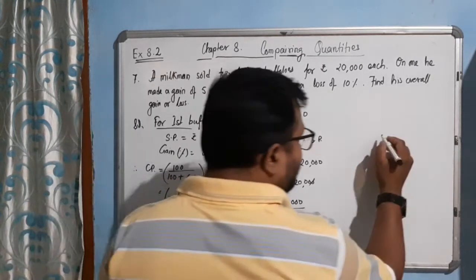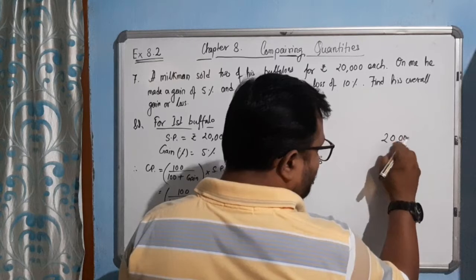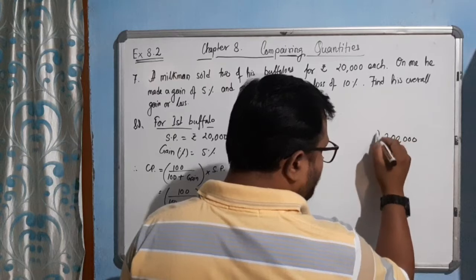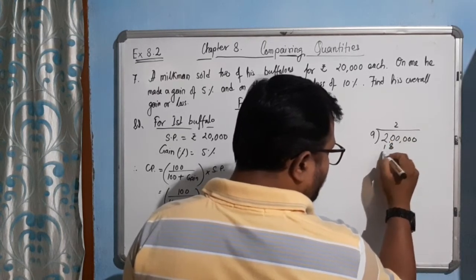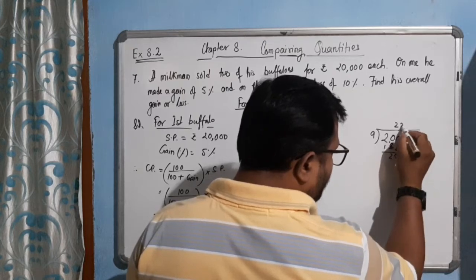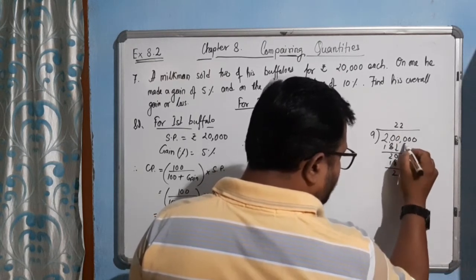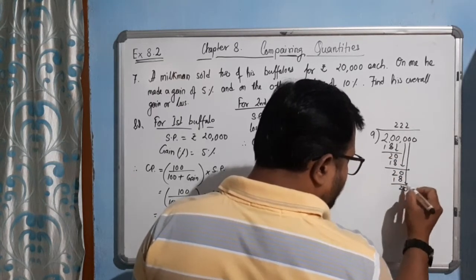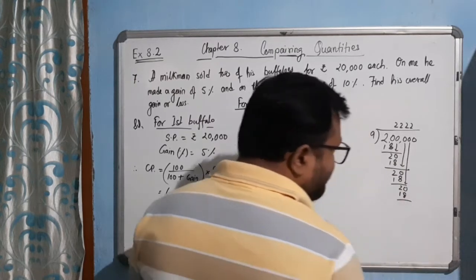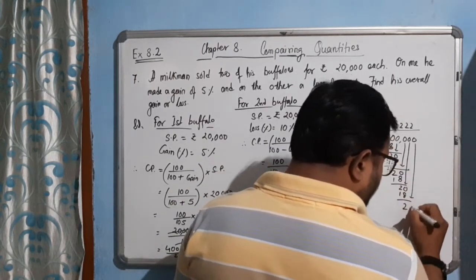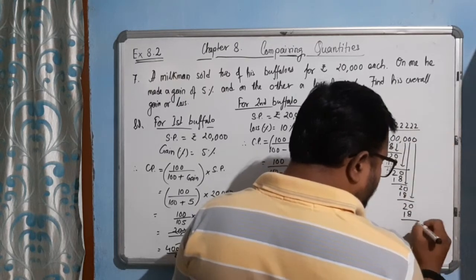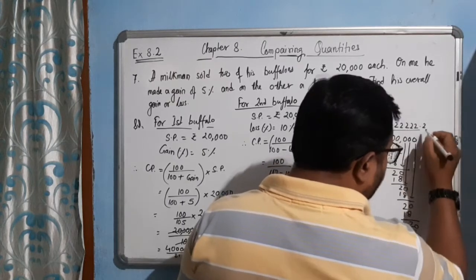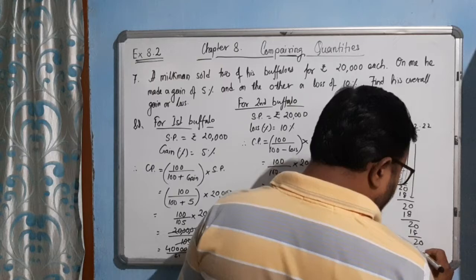If you divide this one, 9 2 is 18, again the 0 will come down, 9 2 is 18, and so on.